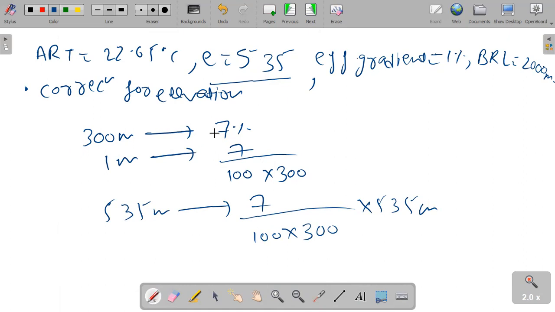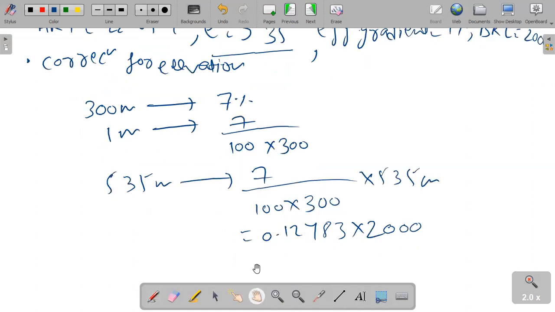If we calculate this, 7 multiplied by 535 divided by 100, then divided by 300, we get a value of 0.12483333. Here we multiply it with our length, the BRL, 2000 meter, and we get a value of 249.67 meter.